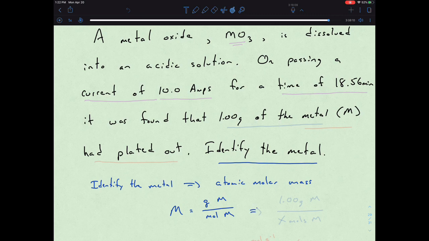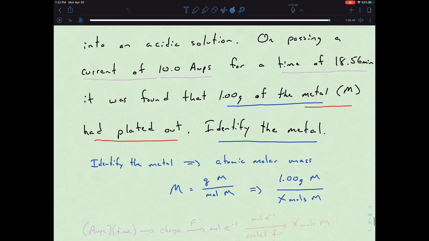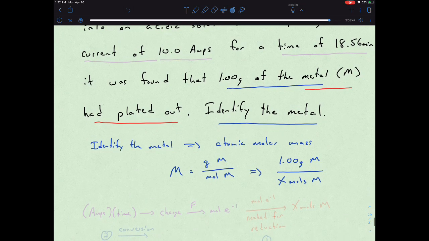And if we go further, we have some information. We know that we have 1 gram of the metal that it plated out. And really now what we're missing is moles of this metal. From the notion of this idea of the metal had plated out, that's where our X moles of metal is going to come from.